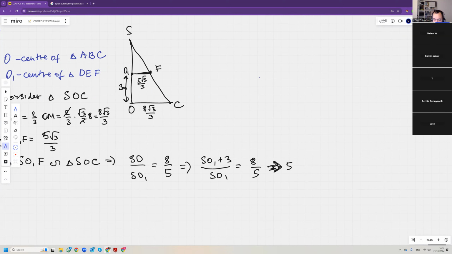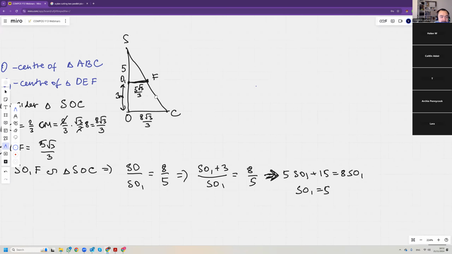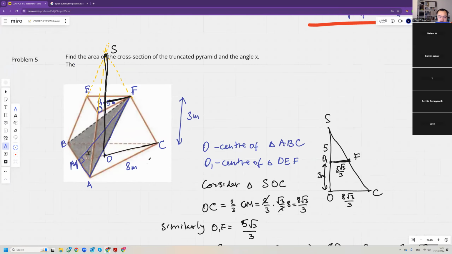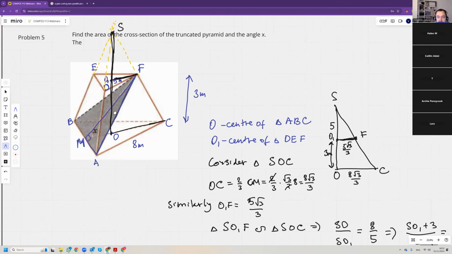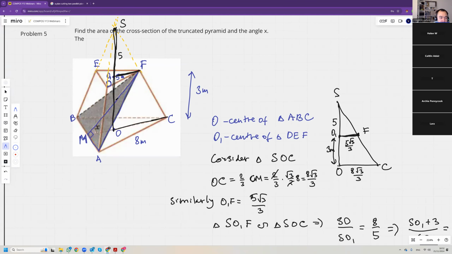Hence 5SO1 plus 15 equals 8SO1. So SO1 is 5. So this is 5, this is 8. So the height of the whole pyramid would be 8. Oh, sorry, so this is 5, this is 3.